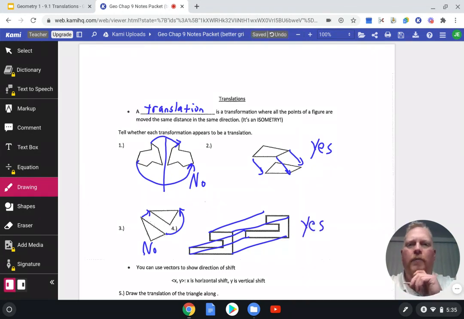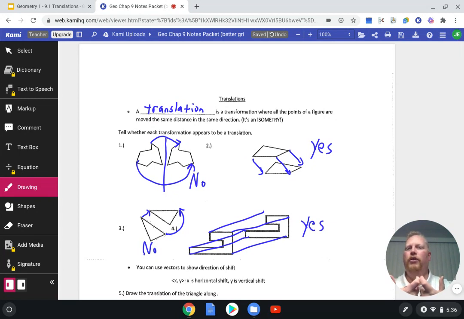Now, something that just caught my eye, back up here in the first sentence, it says, where all the points of a figure are moved the same distance and in the same direction. Then in parentheses it says, it's an isometry. I just want to let you know what that word means. If you break it down, the prefix iso means same, and metri or meter means measure.